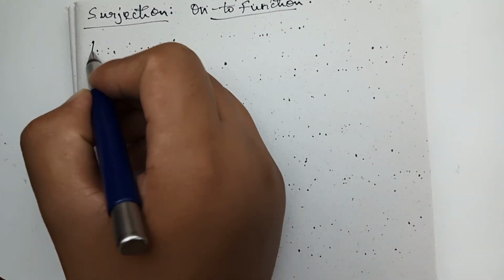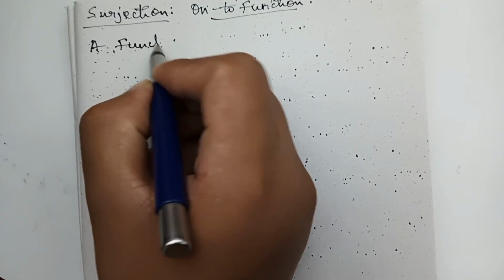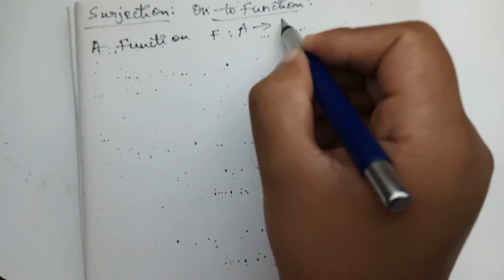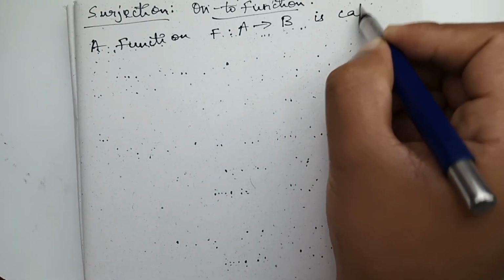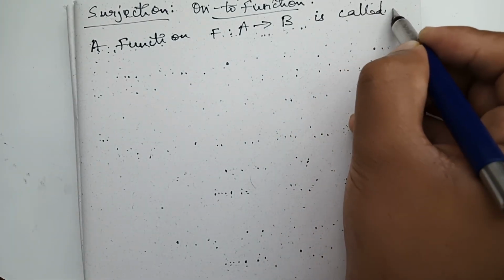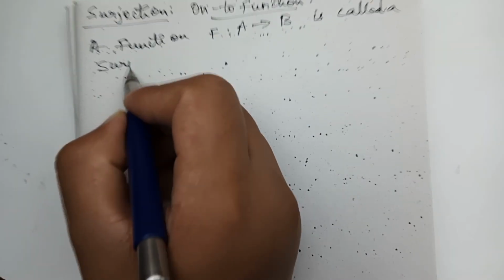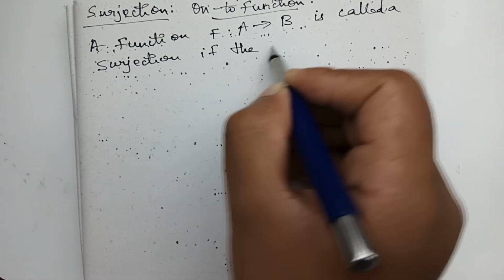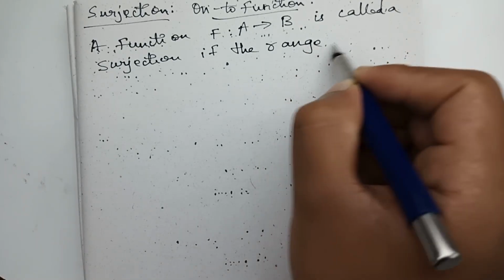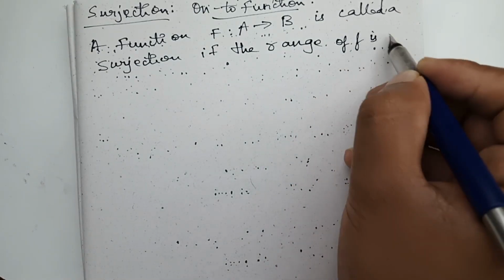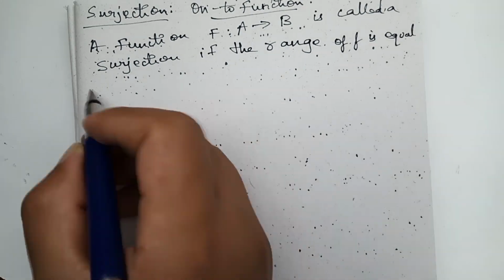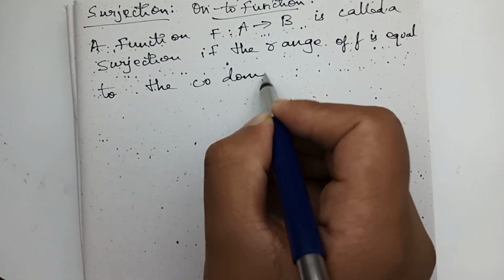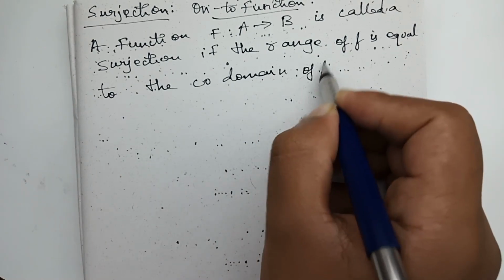Now a function f from A to B is called a surjection if the range of f is equal to the codomain of f.